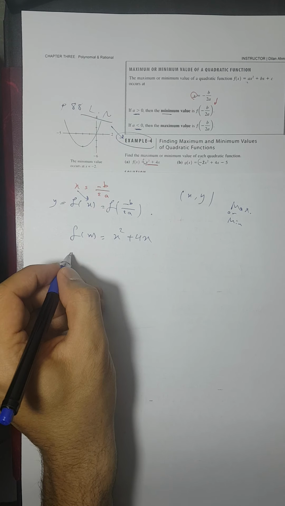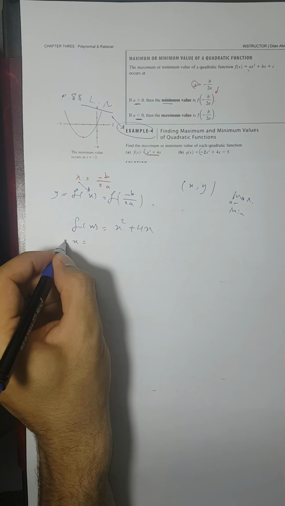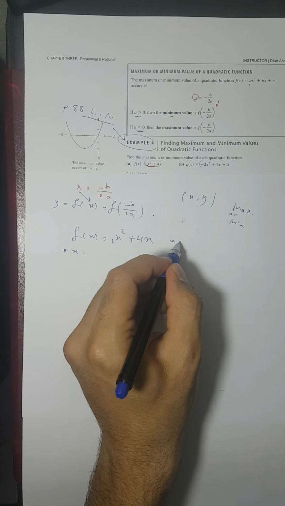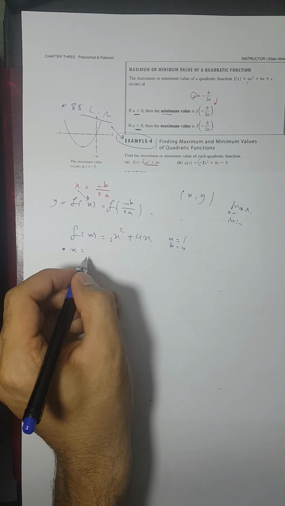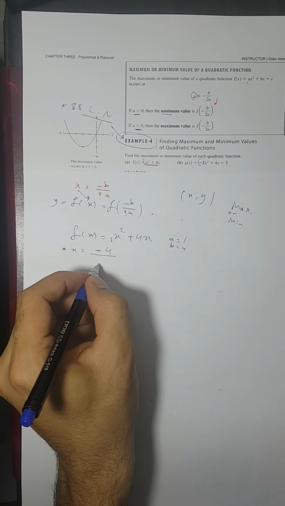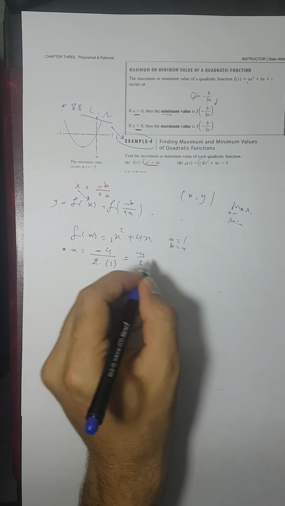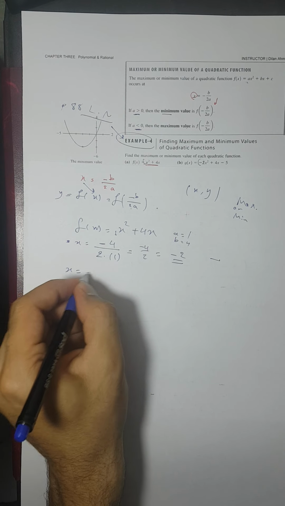Here a is equal to 1 and b is equal to 4. So x is equal to minus b over 2a, which is minus 4 over 2, equal to minus 2. So x is equal to minus 2.